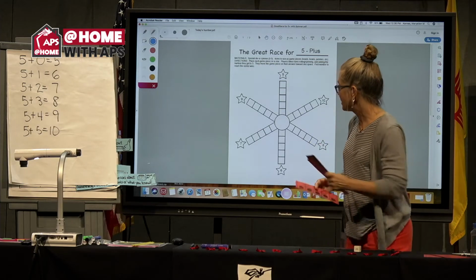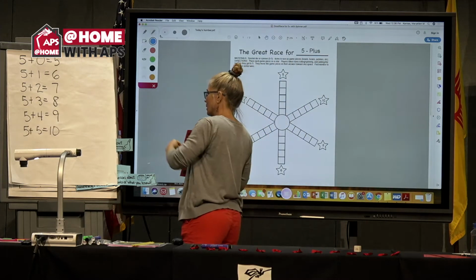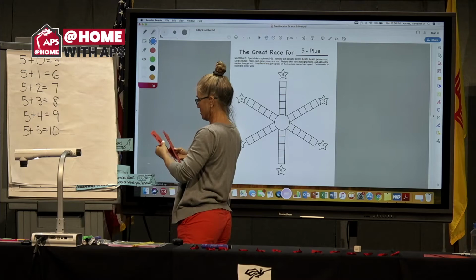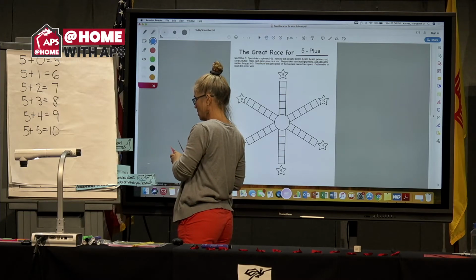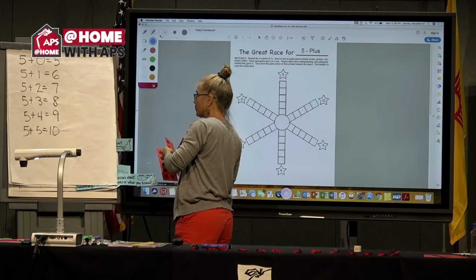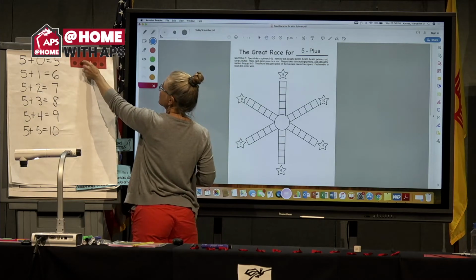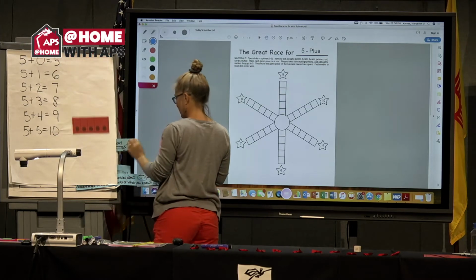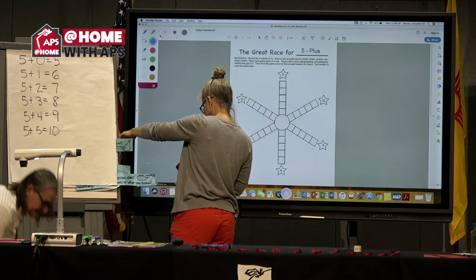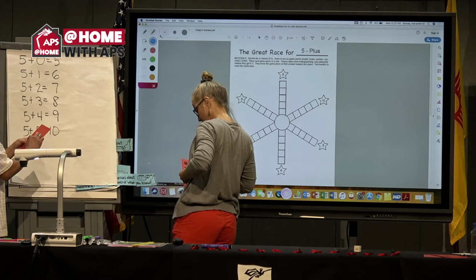So let's go ahead and stick these up here next to our equations. So 5 plus 0 is 5. Doesn't want to stick.